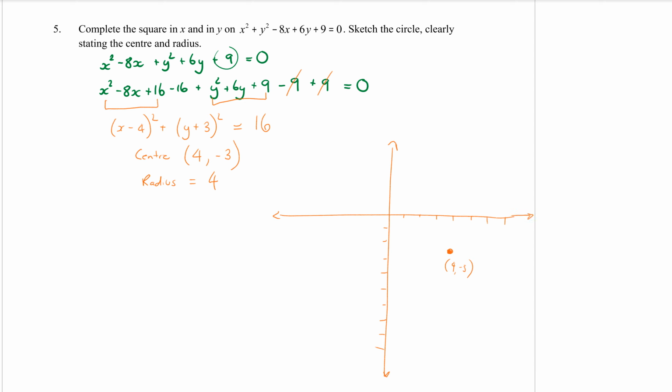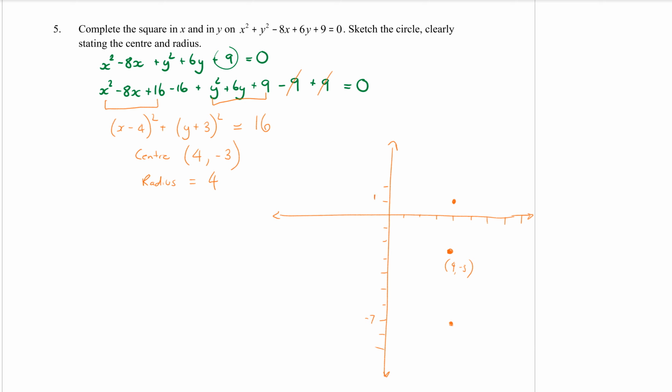Now, to do the radius of 4, we count from the center. So from that center spot, I'm going to go 4 spaces up. So 1, 2, 3, 4 spaces up would be here. 4 spaces down, 1, 2, 3, 4, which would be at negative 7, and that one there is at 1.